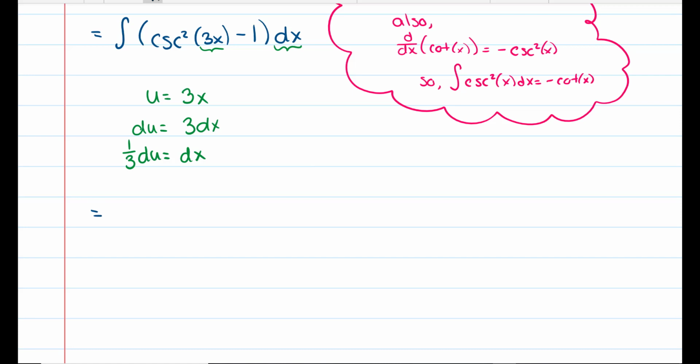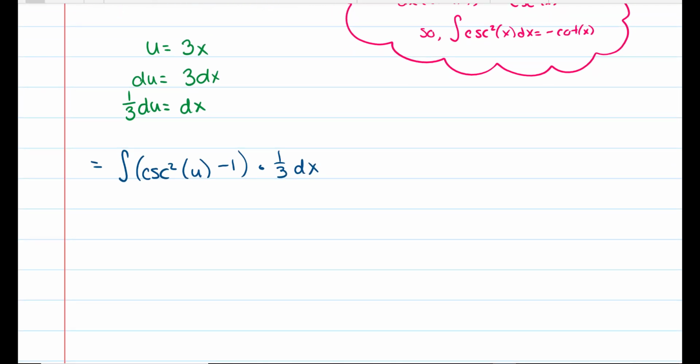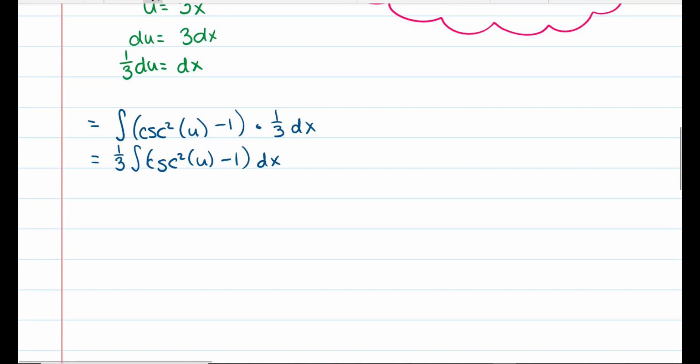So now I'm going to rewrite my integral, and I get the integral of cosecant squared of u minus 1 times 1/3 dx. So I'm going to bring that 1/3 out of the integral. You can distribute it if you want as well. I like to bring my constants out if I can. And now I can integrate this.